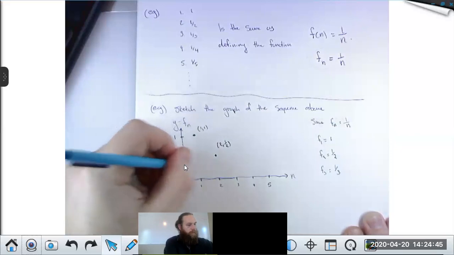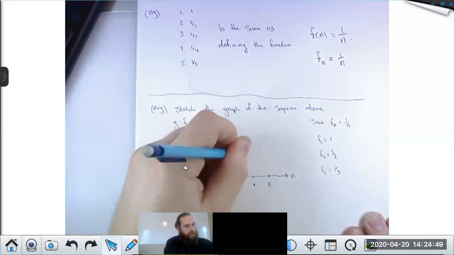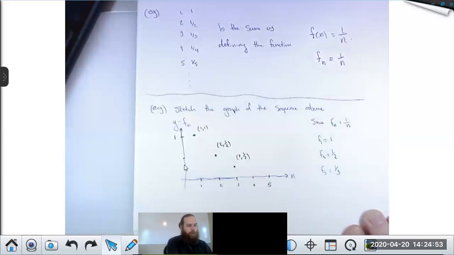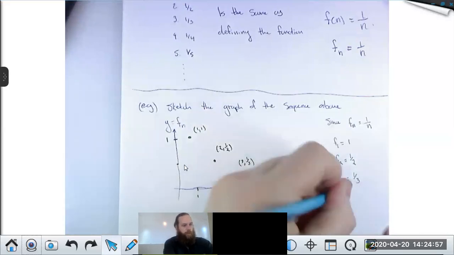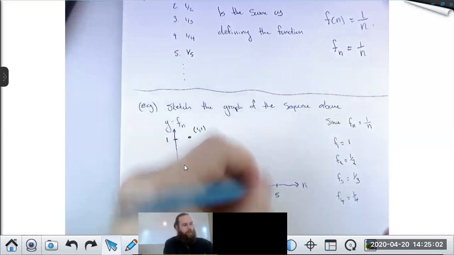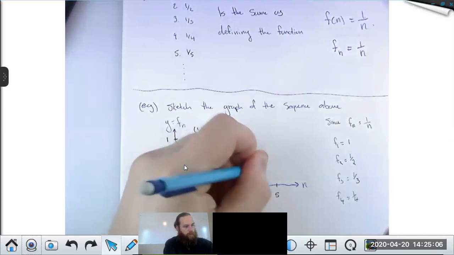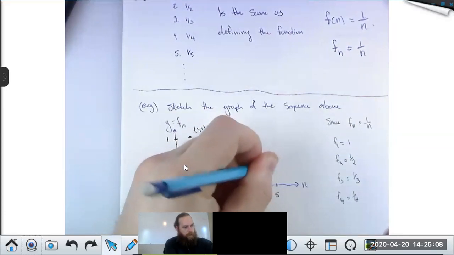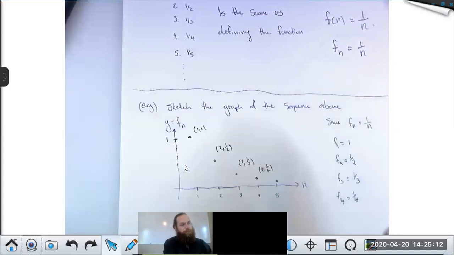So that's right around here. 3 comma 1/3. f4 would be 1/4. So I have the point 4 comma 1/4, which should be halfway to 1/2, is like right here. And then I would also have 5 comma 1/5.